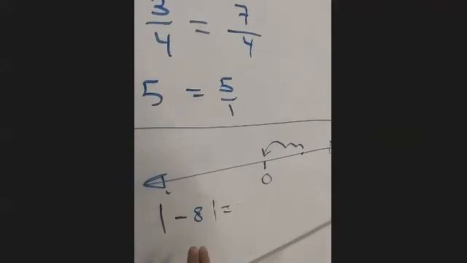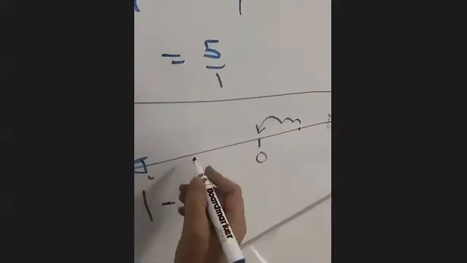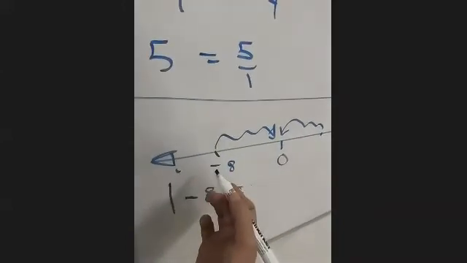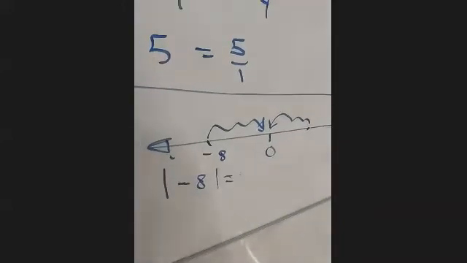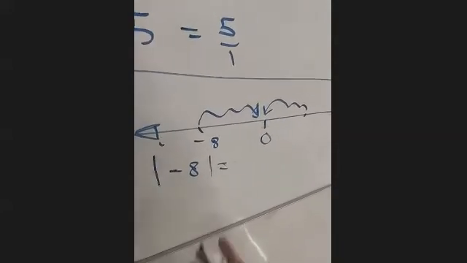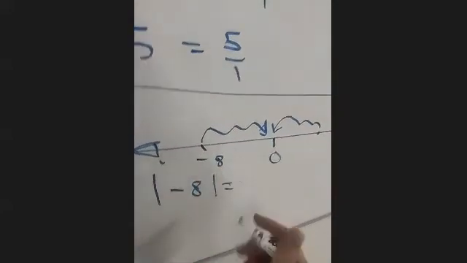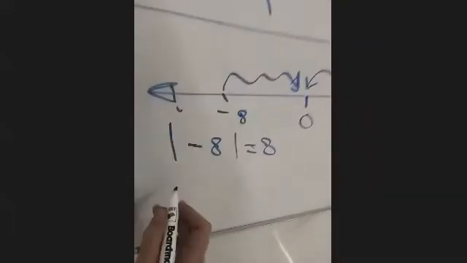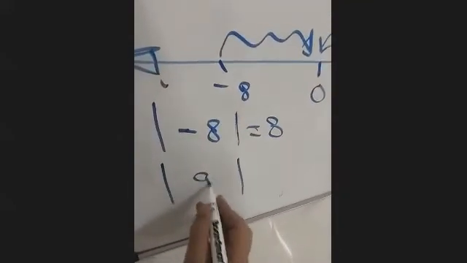The absolute value of -8 is the distance between -8 and 0. What's the distance between -8 and 0? We said the distance cannot be negative. So the distance between -8 and 0 is 8. And what's the absolute value of 9?